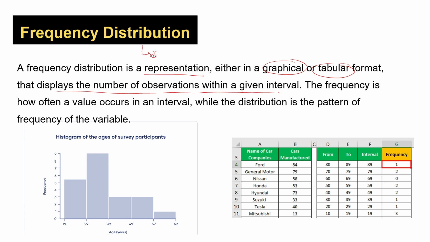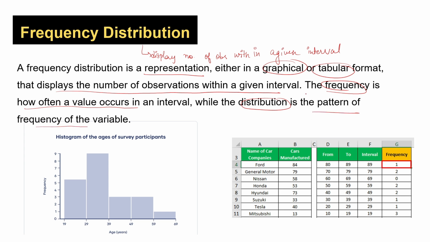So its main feature is to display the number of observations within a given interval. Now the frequency is how often a value occurs in an interval, and distribution is the pattern of the frequency of the variable.